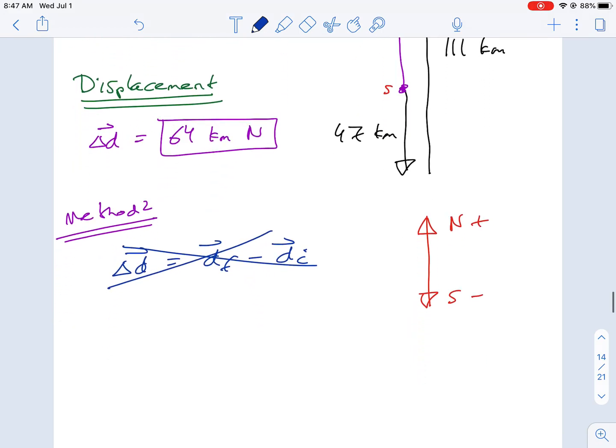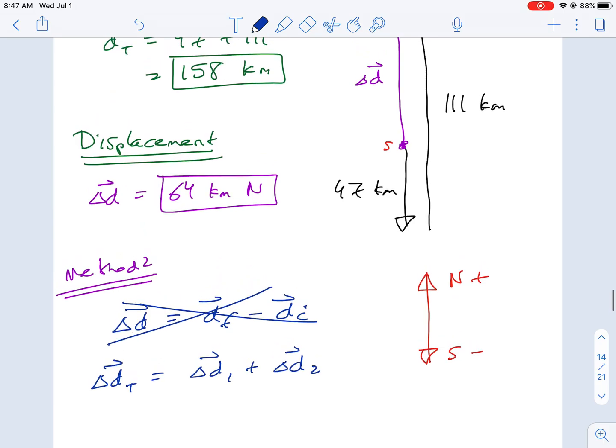So we're looking for the overall displacement, delta D total, which is the sum of all the displacements. So it's delta D1 plus delta D2. That's what you have to use when you have more than one displacement. And now we use our reference system. Delta D1 is 47 south. That's negative 47.